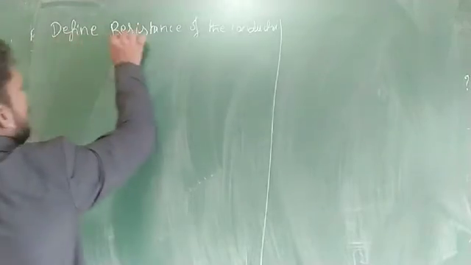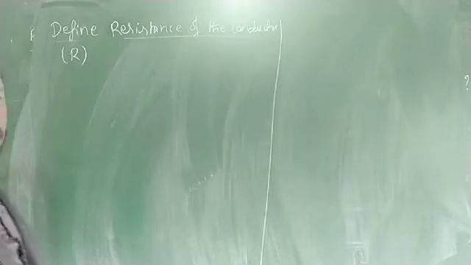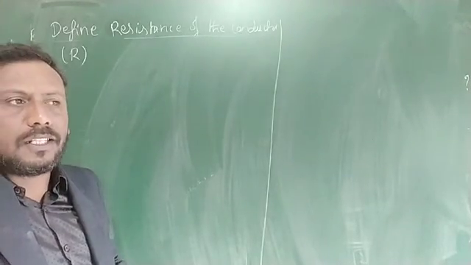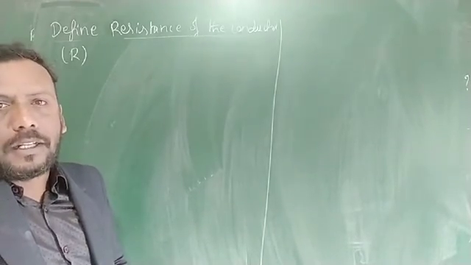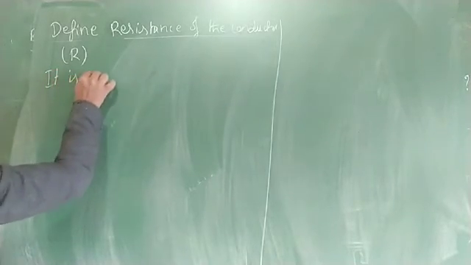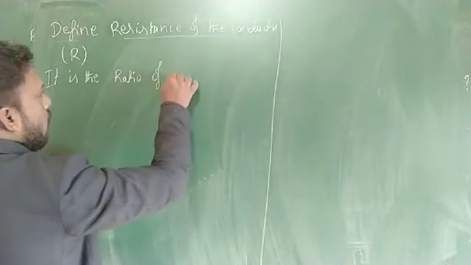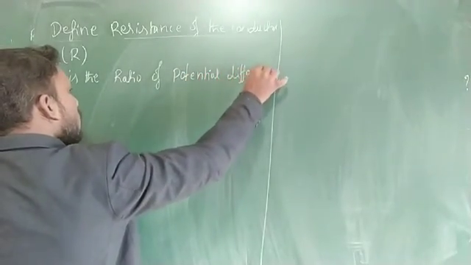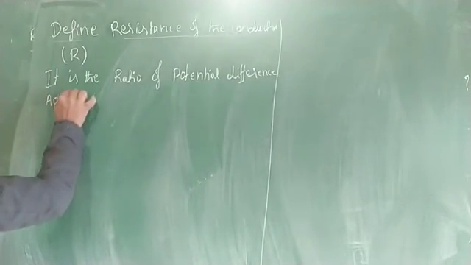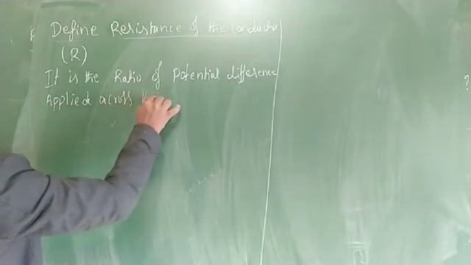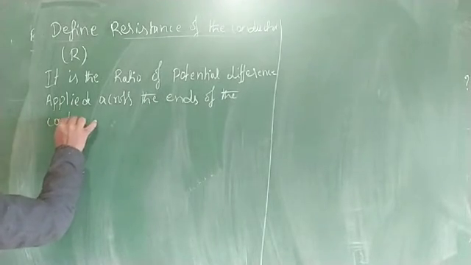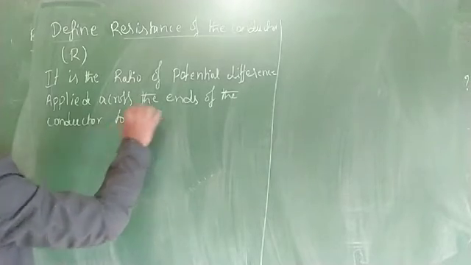Resistance of the conductor is denoted by the symbol capital R. It is defined as the ratio of potential difference applied across the ends of the conductor to the current flowing through the conductor.